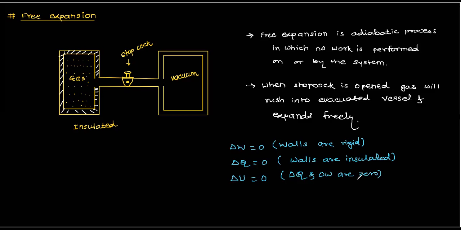That's what this is called free expansion. See, so whenever there is no work done, no heat change and no internal energy change, then we can say that it is a free expansion. And this is one example we have taken for free expansion.